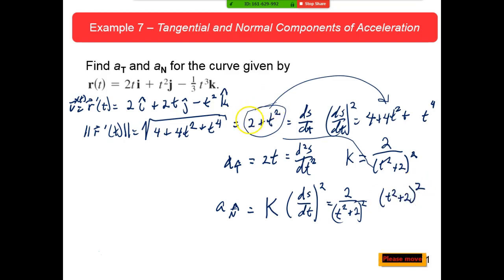That's what it was. You square this and you get that. Well, guess what? Those two go out. Your a sub n, the normal component of your acceleration vector, is the number 2. And that's all, folks. Just 2.